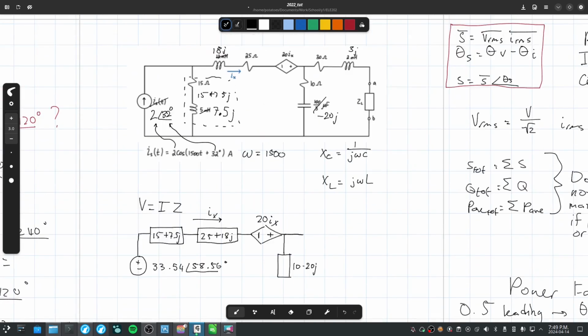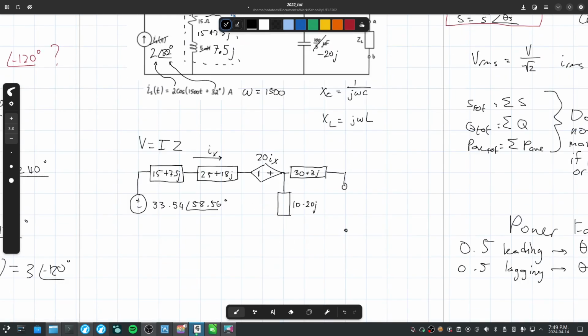And another load here, 30 plus 3J, which is our Thevenin load. This is A, this is B. Connect all of these up.